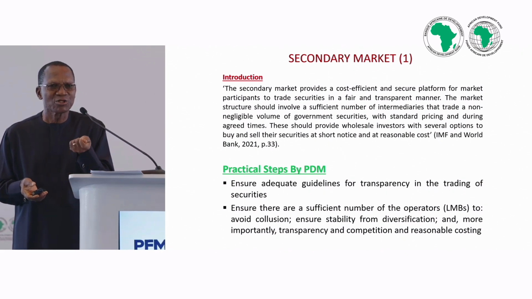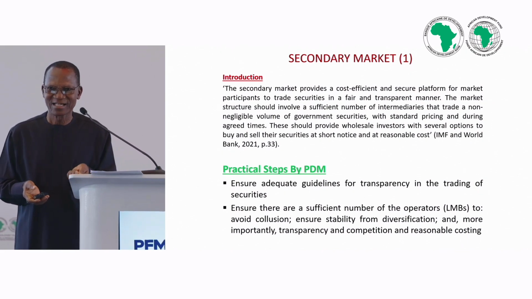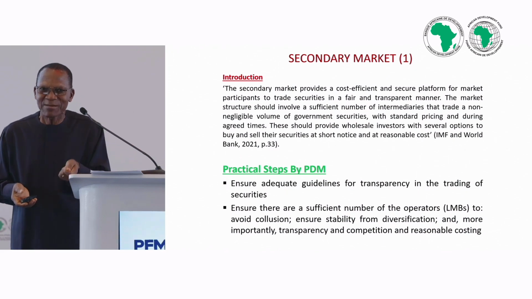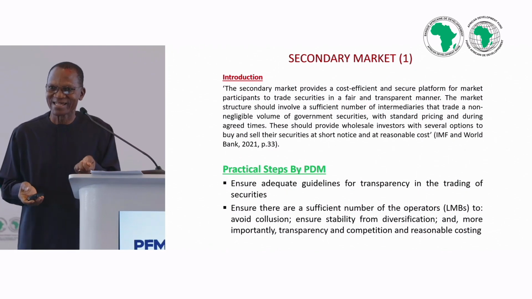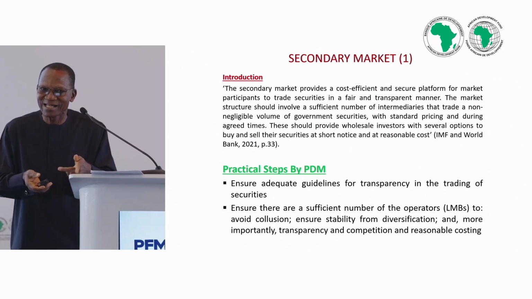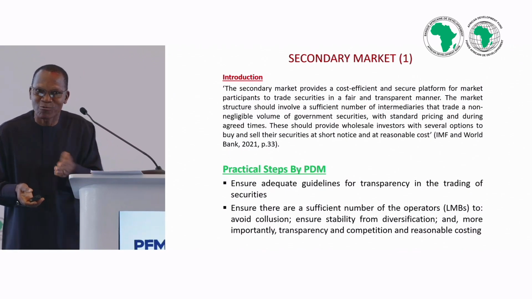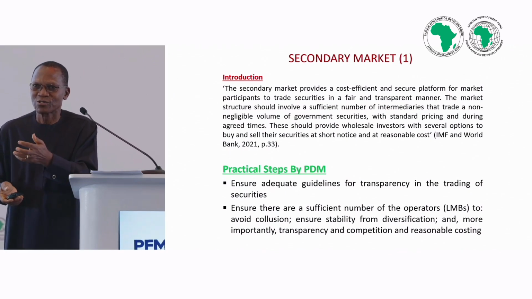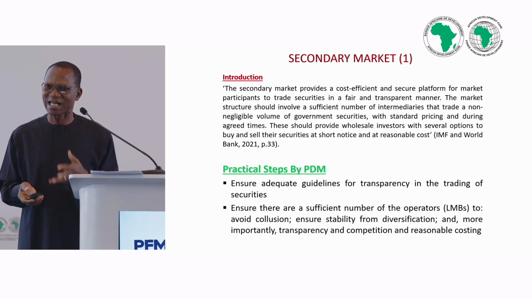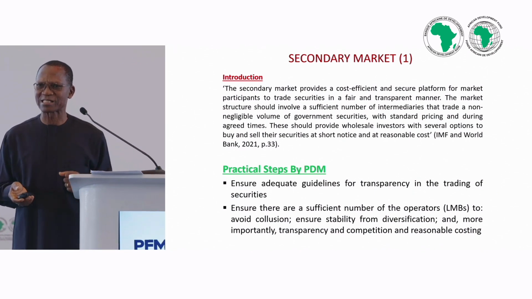At the same time, there are people who want to buy the government security today for one reason or the other, even though the next auction is next month. So there should be a market where those who want to sell what they have and those who want to buy can meet. That market is simply the secondary market.